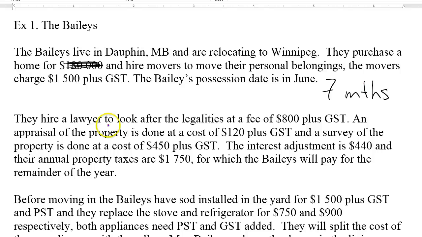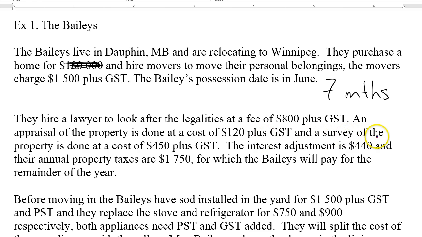We've got lawyer. Now a lawyer is someone who will actually draw up the paperwork in order for you to legally change the title on the land. This one is $800 plus GST. An appraisal of the property. You want to make sure that you're paying fair market value, so it's $120 plus GST.